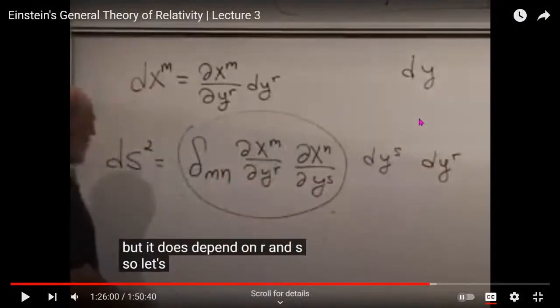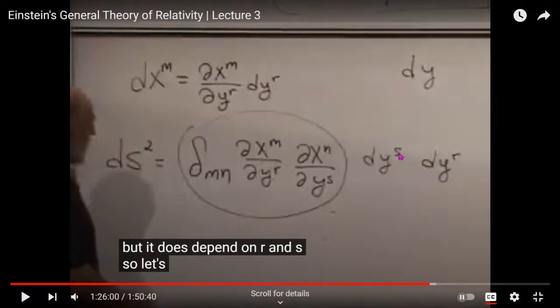So ds squared is something summed over, and then dys, dyr. But this s has nothing to do with this s. These are different s's.